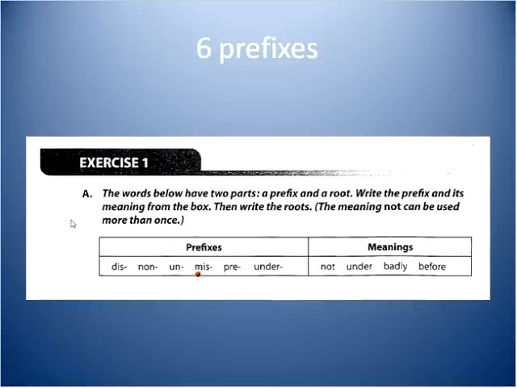Pre means before and under means under. Mis can also mean badly. So: not, or badly, before, under.